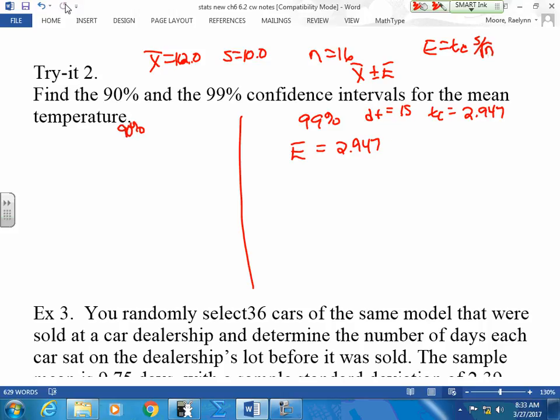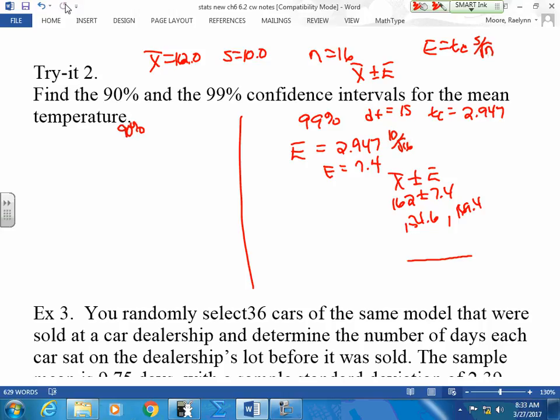Times your standard deviation over your square root of n. So what'd you get for your margin of error, Angelique? 7.4, because you rounded. Good. So x bar, this works the same. And again, you're going to get 154.6 to 169.4.